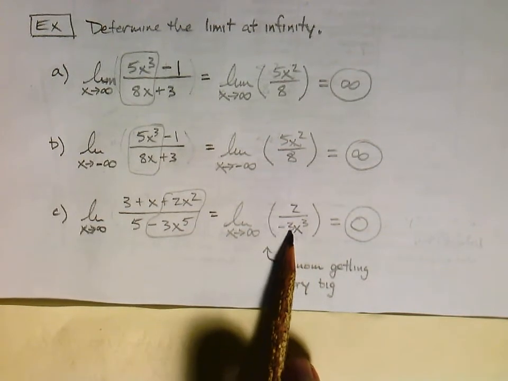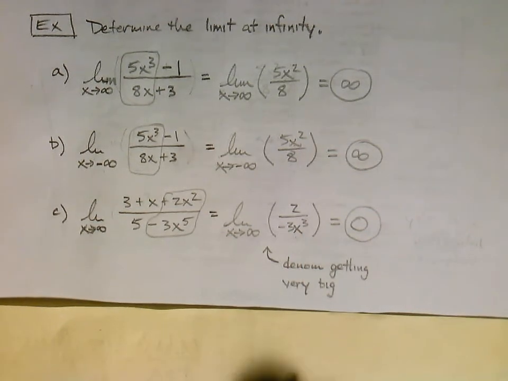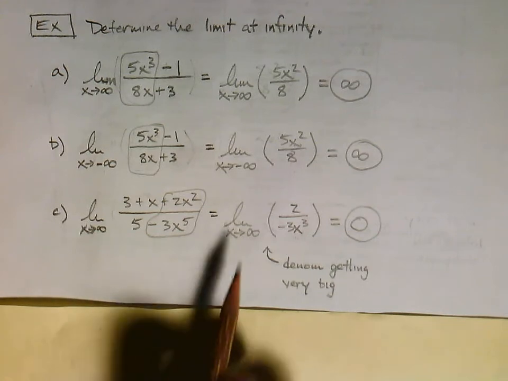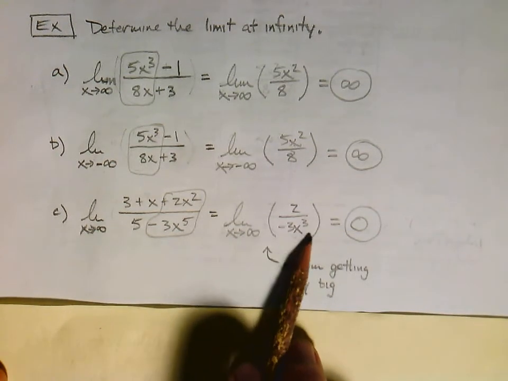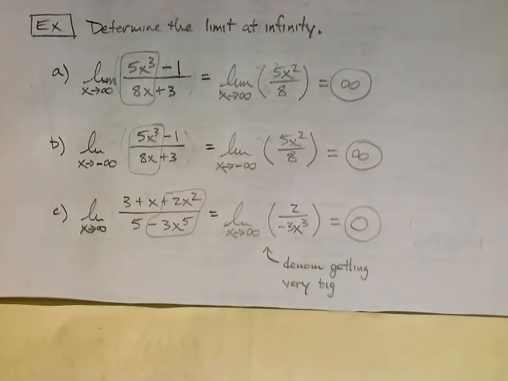Right now it's negative, but it's getting to be a very big negative number. So what happens if you take 2 and divide it by very big negative numbers? Every time you do that, you're going to get closer and closer to 0. So hopefully that clicks with you, that as x is getting larger here, the value of that whole thing is getting closer and closer to 0.